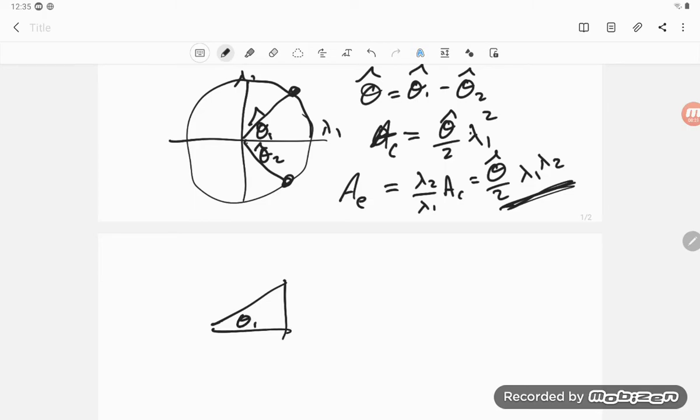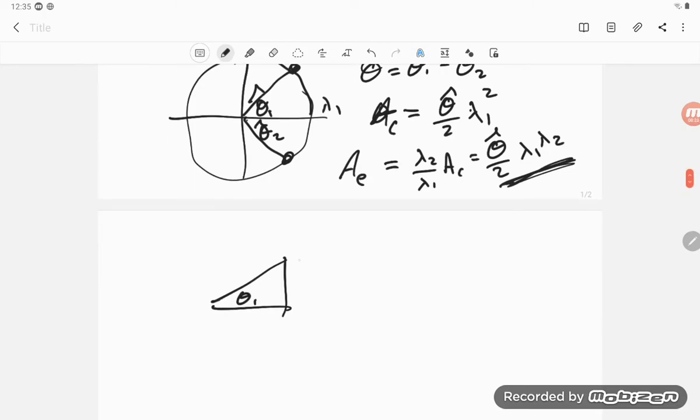So here's theta 1, and this was y and this was x. Then I multiplied y to get lambda 1 over lambda 2 y, like that, up here. And that, of course, is my theta 1 hat.